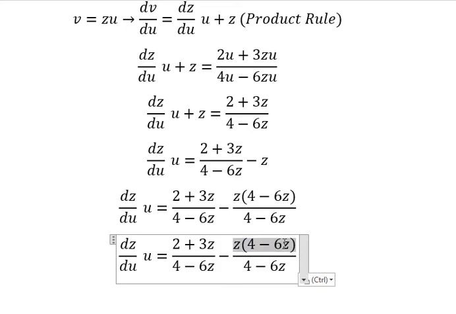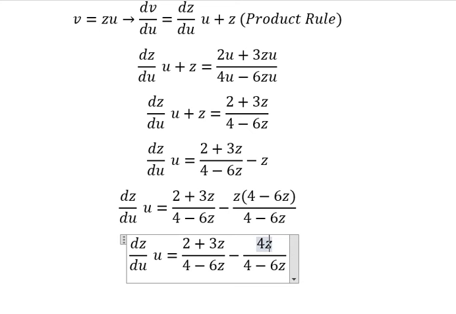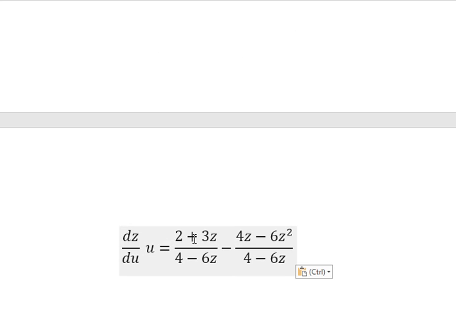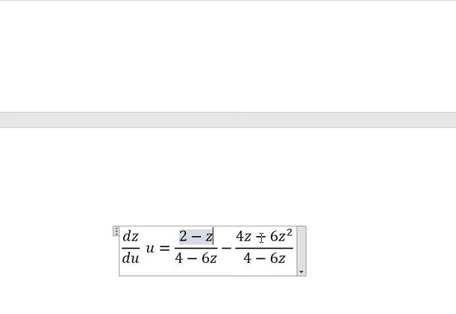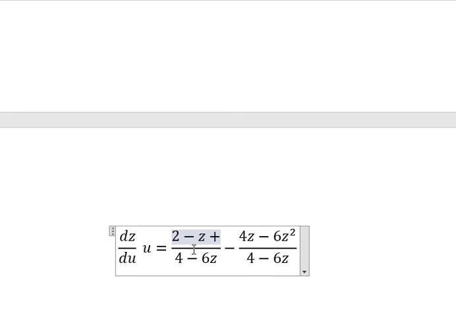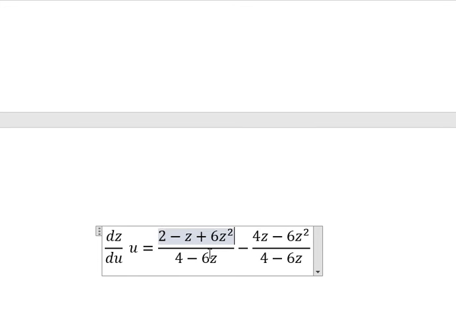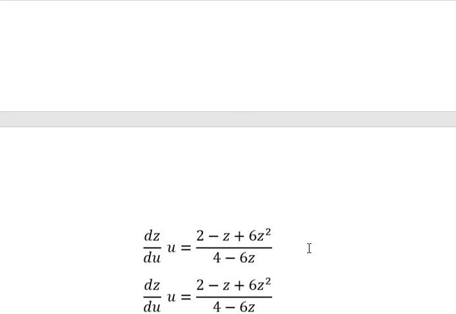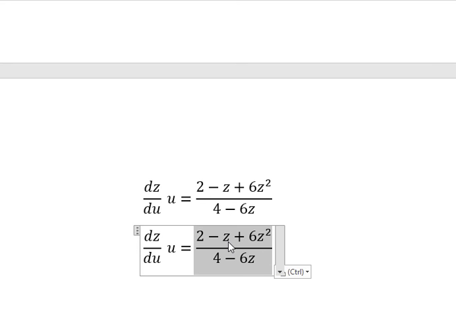So this one, we have 4z minus 6z squared. So we have 3z minus 4z, we have negative z. Negative, negative, we have positive 6z squared. So I will put this one go to the left, du and u go to the right.